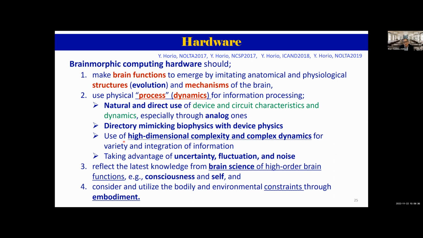And the hardware should use high dimensional complexity and complex dynamics to take advantage of uncertainty, fluctuation, and noise for high performance computation. Third, it should reflect the latest knowledge from brain science, especially for high-order brain functions. And finally, the hardware should consider and utilize the effect of embodiment. Those are some requirements for the hardware.